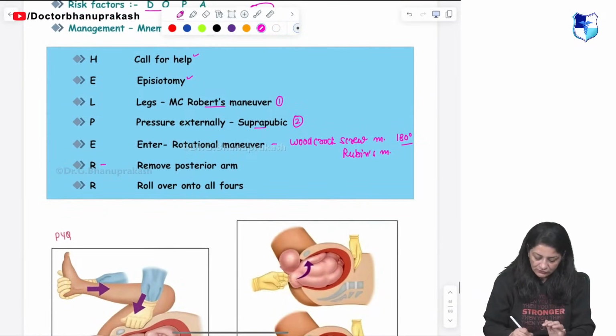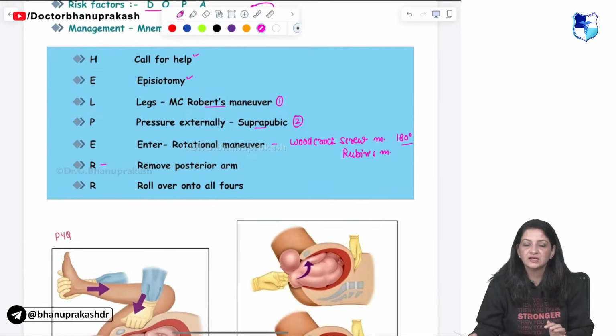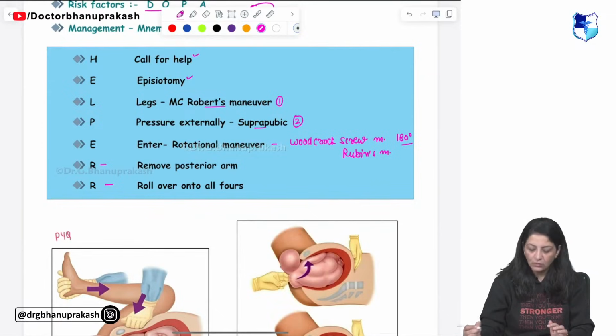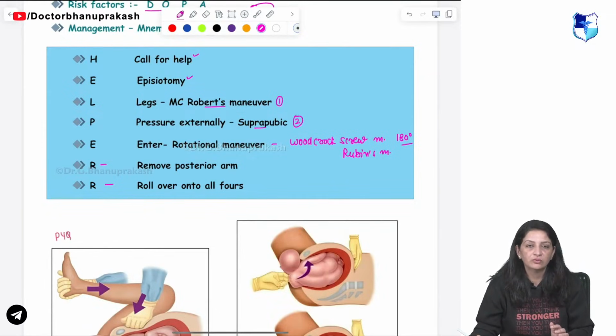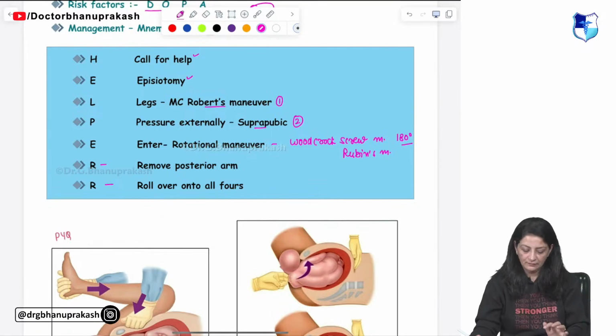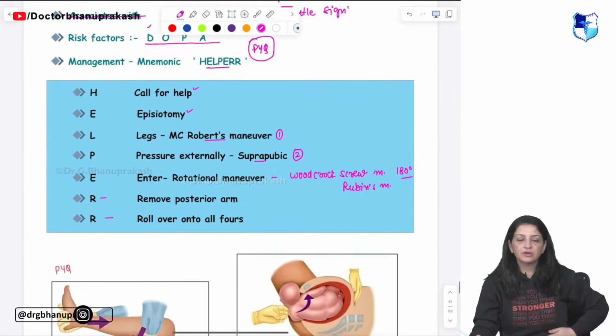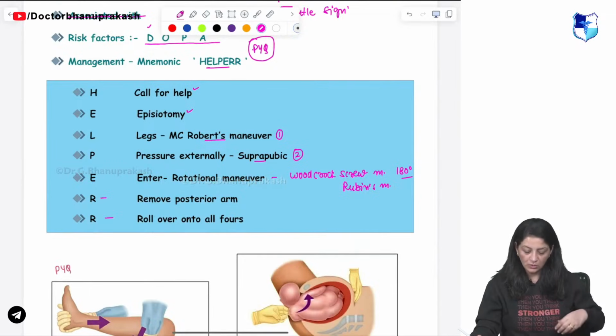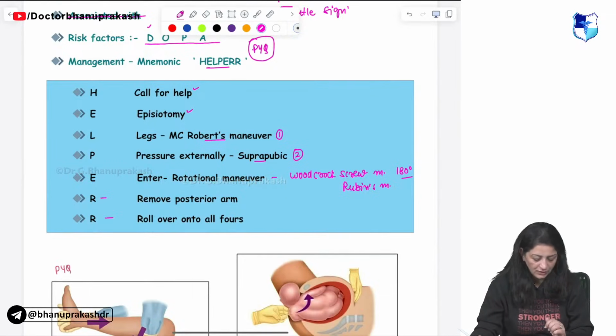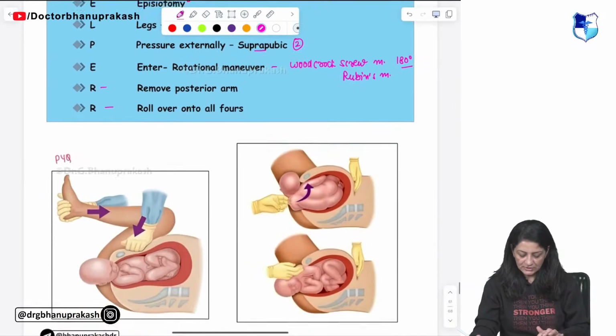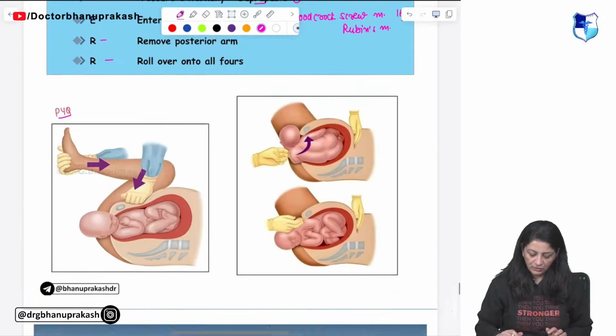Then R stands for removal of the posterior arm. Then roll over onto all fours, Gaskin's maneuver, and Zavanelli. So this is the management of shoulder dystocia. So this is the image, PYQ, McRoberts maneuver.